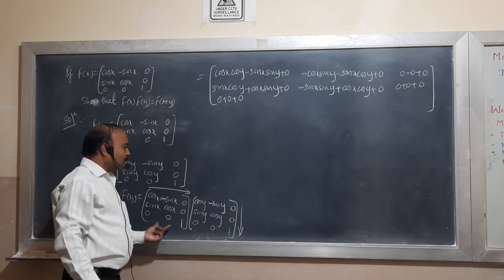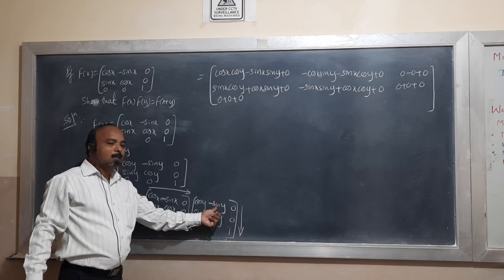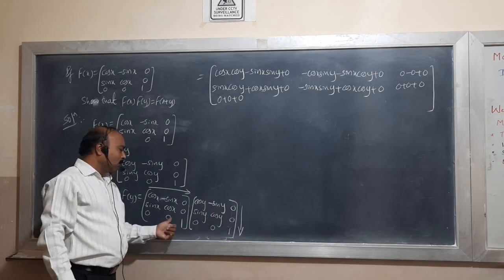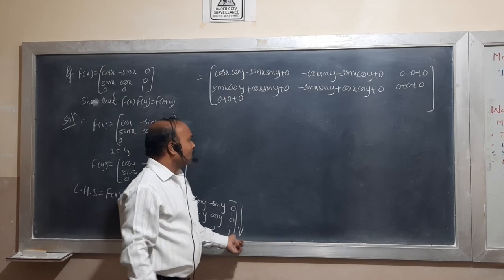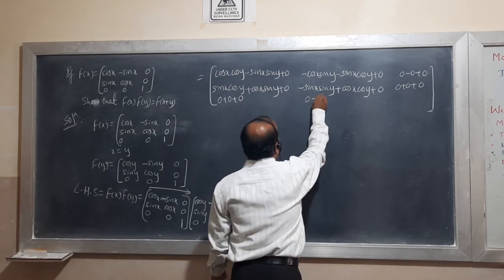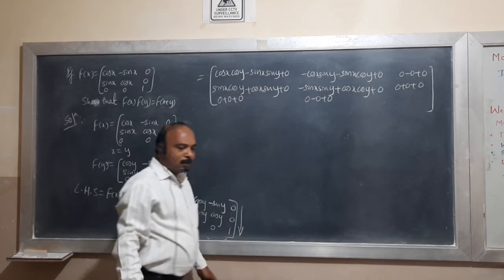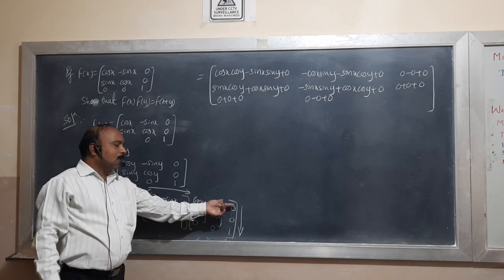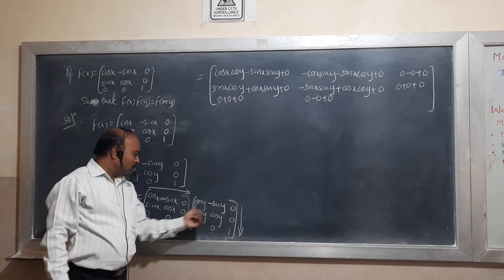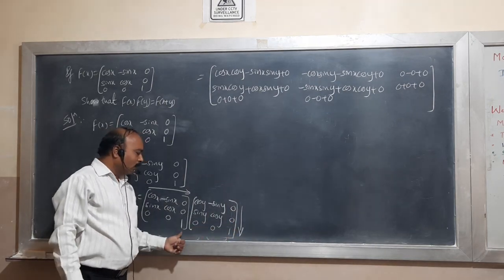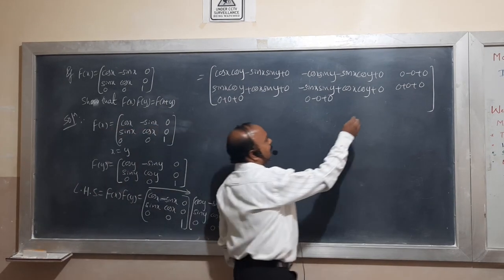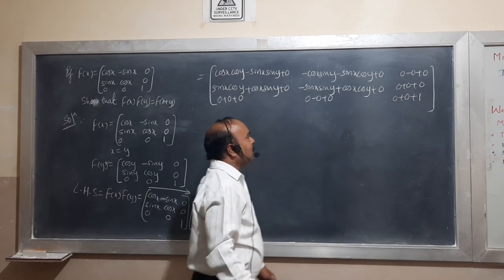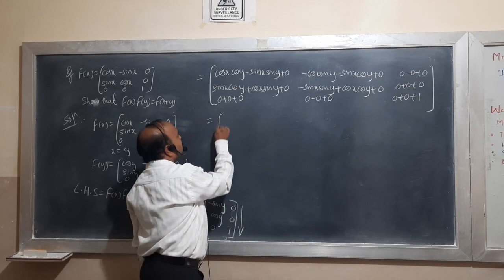Next third row with second column, 0 into sin y, 0 into cos y, and 1 into 0 is also 0, that is 0 minus 0 plus 0. Next third row in third column, that is 0, 0 into 0 is 0, 1 into 1 is 1, that is 0 plus 0 plus 1. Now simplify this.